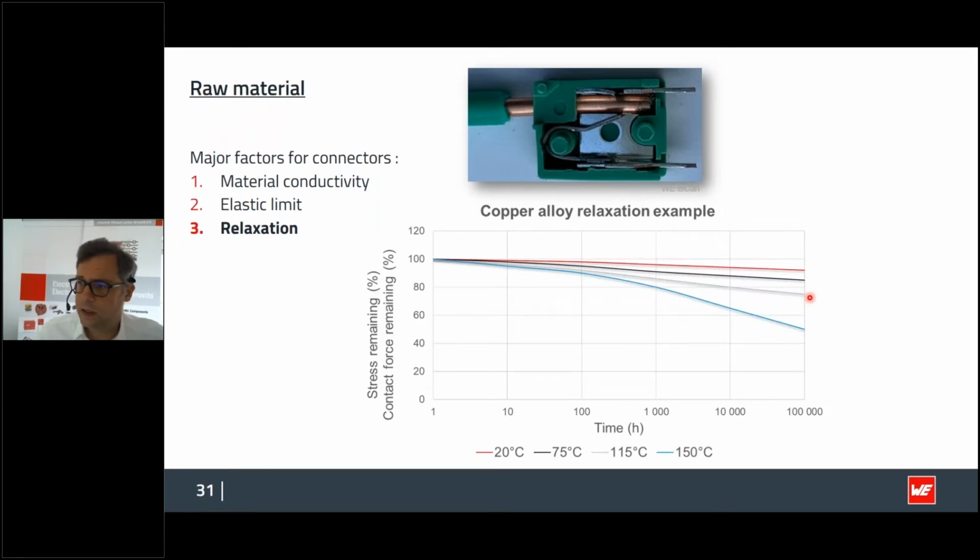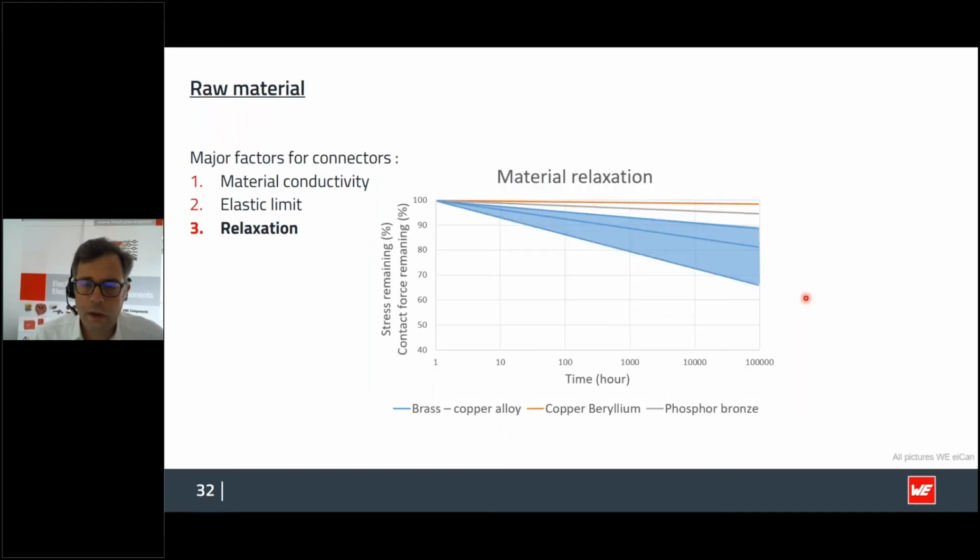But 150 degrees is quite high. And you can see here in that chart that at the end, after 100,000 hours, you have only around 72-75% of the original contact force. In relation to the contacts that we use for common wire board connectors, common brass is used quite often.